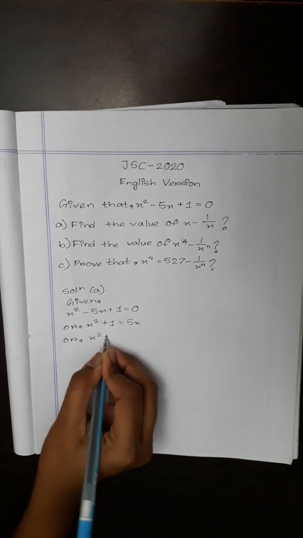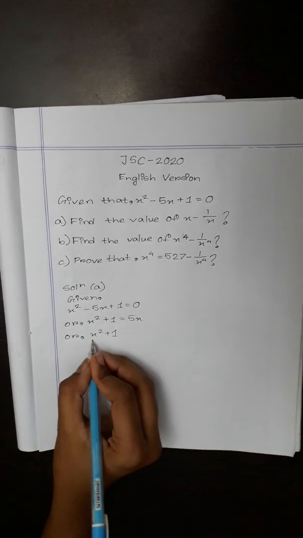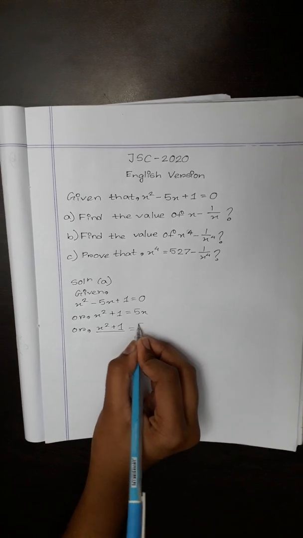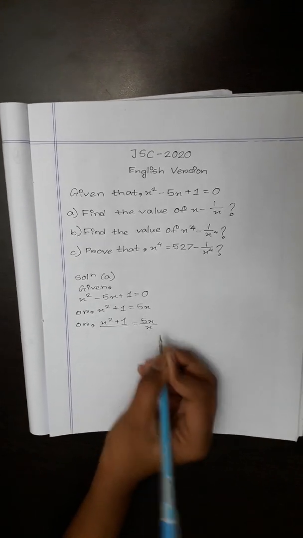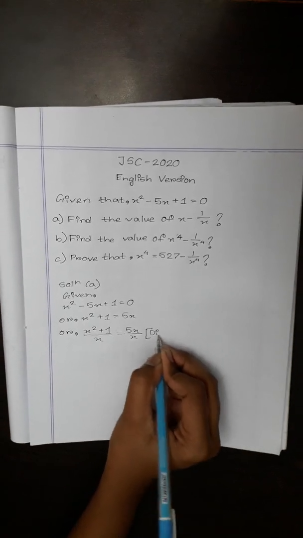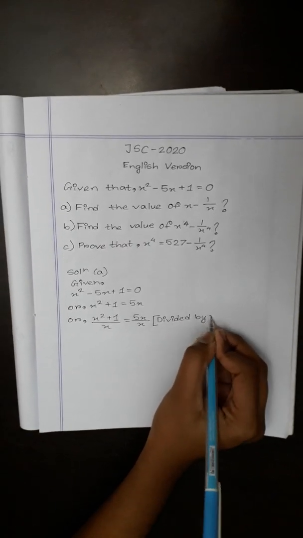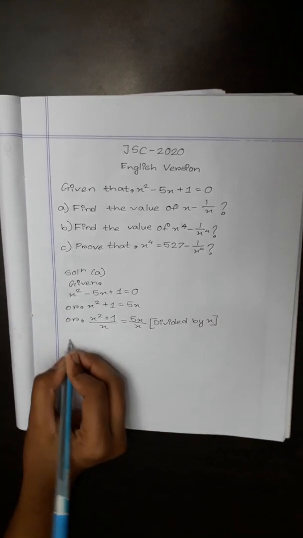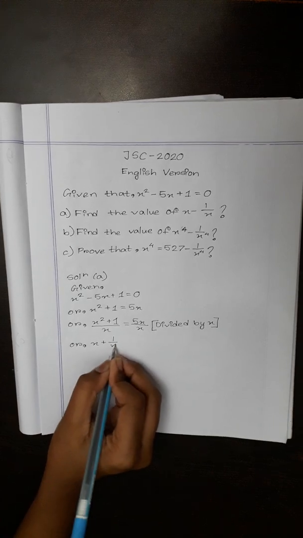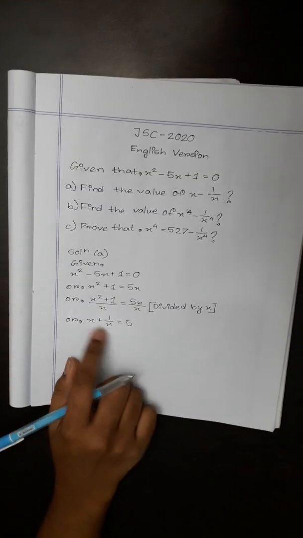Then we get this. Now we're going to divide by x. It will be better if we give a side note: divided by x. Now x plus 1/x is equal to 5. So now we got the value of x plus 1/x.